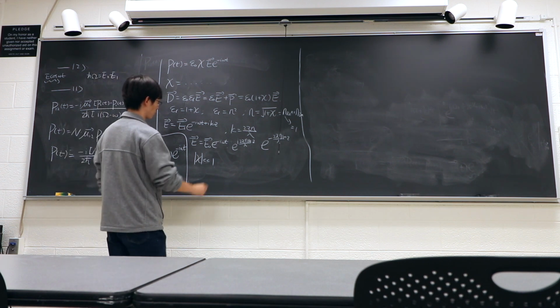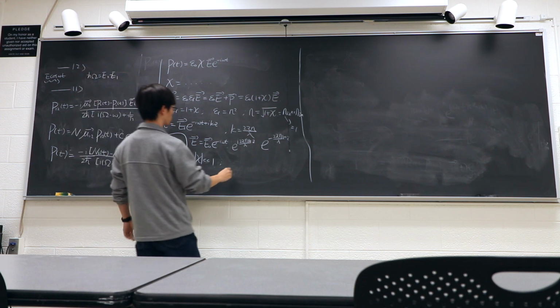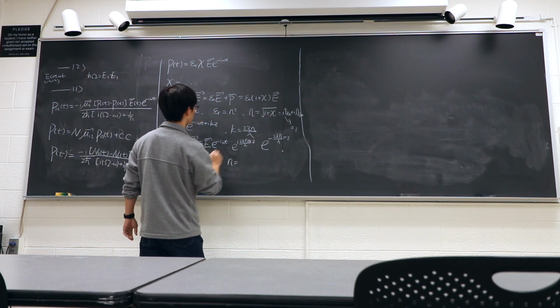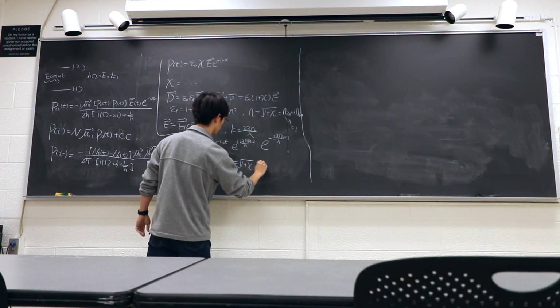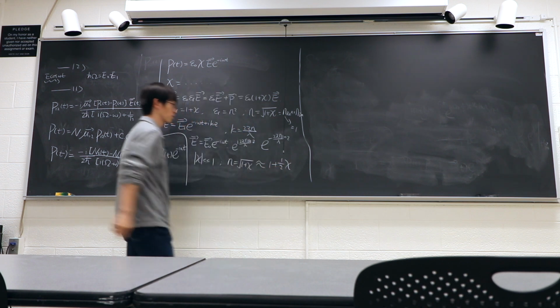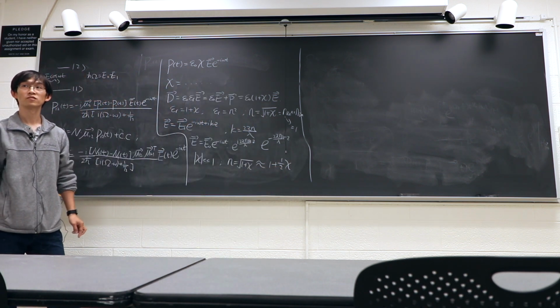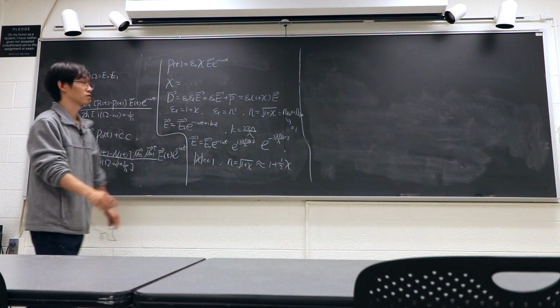It doesn't matter. What this can help us is when you write down n, square root of 1 plus chi, this will approximate to 1 plus chi over 2, right? If it's very small, we have this approximation.